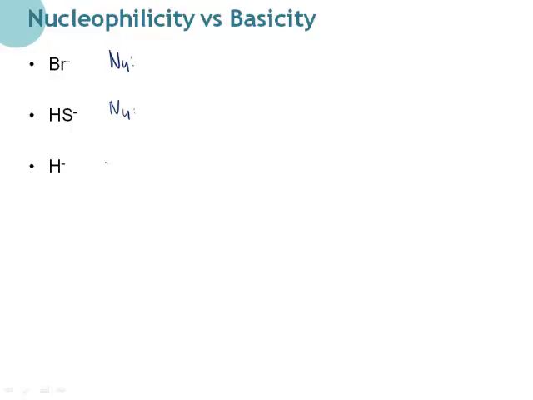Remember I was just talking about sodium hydride, and the hydride on sodium hydride is always a base. The pKa of the conjugate acid is extremely high. It's always a base.